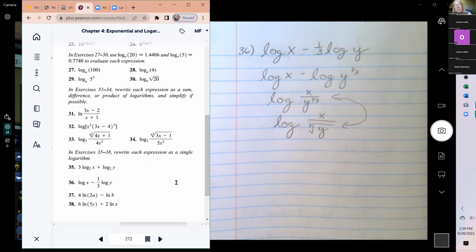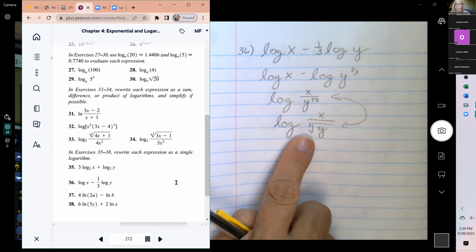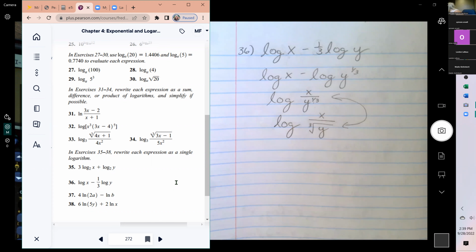I think what it might say is put your final answer without a fractional exponent. If you see something like that, then it means this.